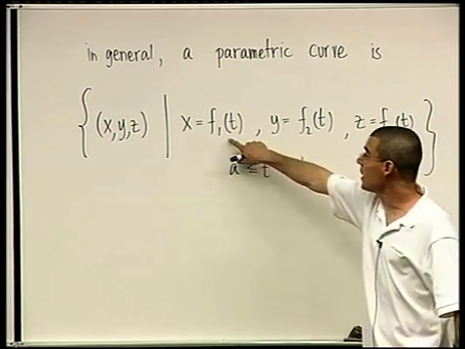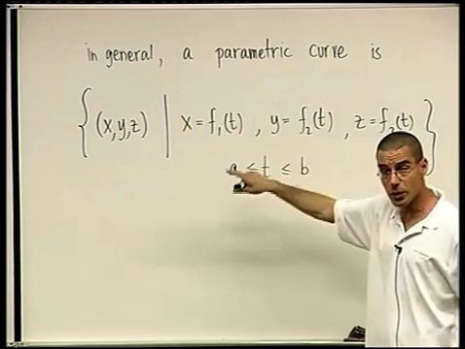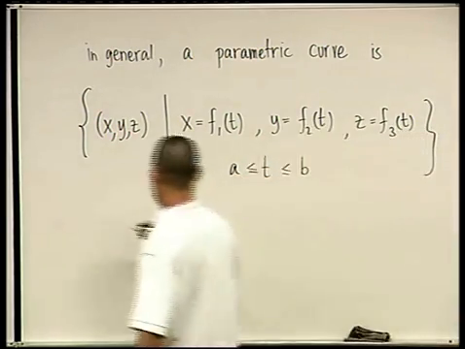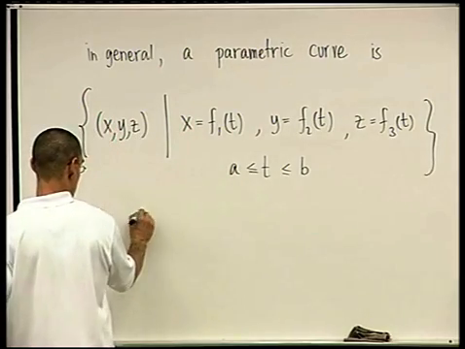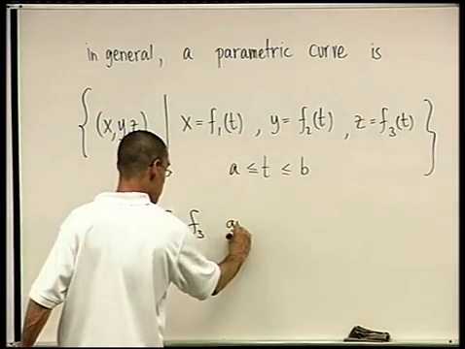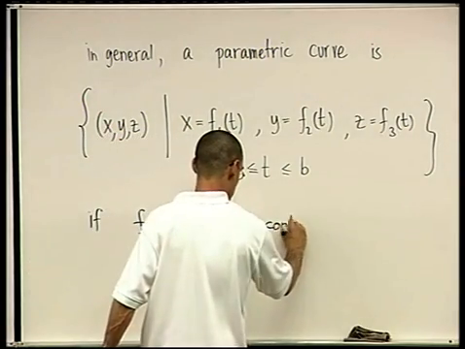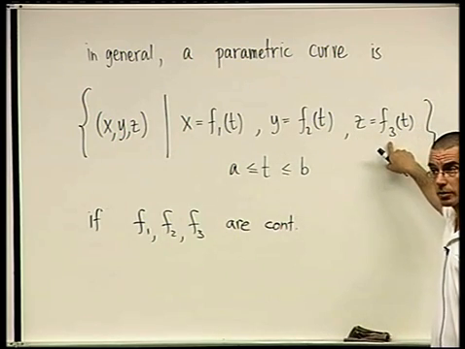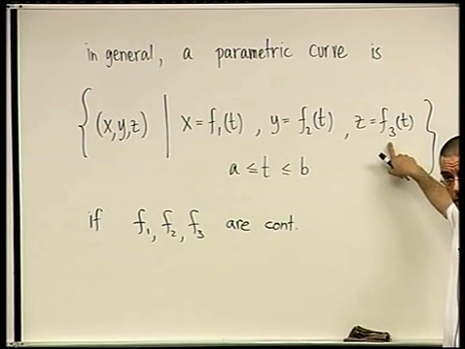If all these functions are continuous, then it's a continuous curve. Okay? So if f1, f2, and f3 are continuous, note that these are good old Calc 1 functions, right? These are functions of one variable.